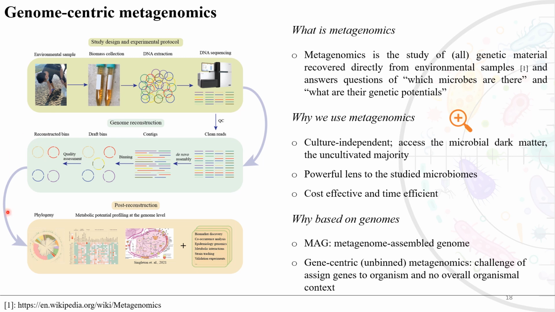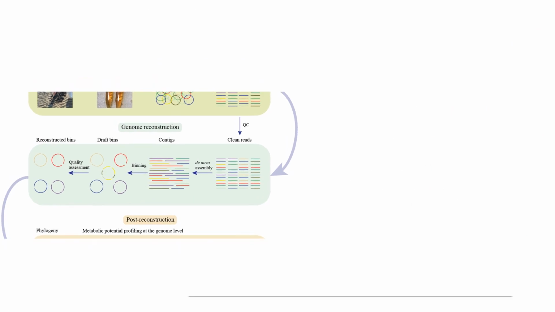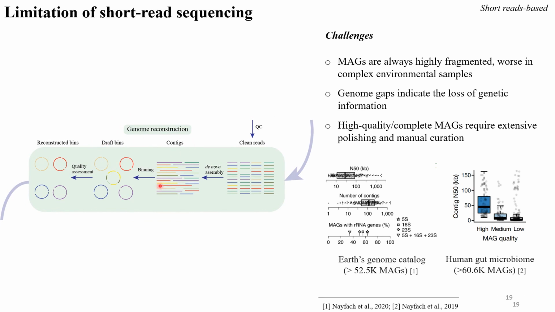After we get the MAGs, we can do the following analysis, such as phylogeny and metabolic potential profiling at the genome level. Genome reconstruction is very important in this process and greatly influences downstream analysis.